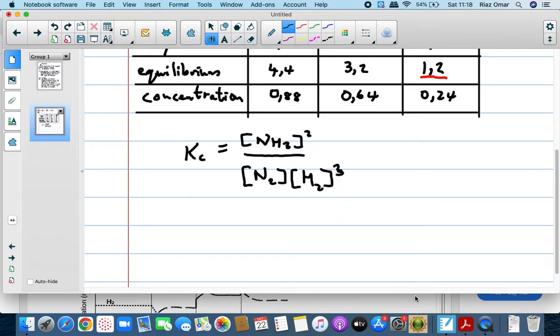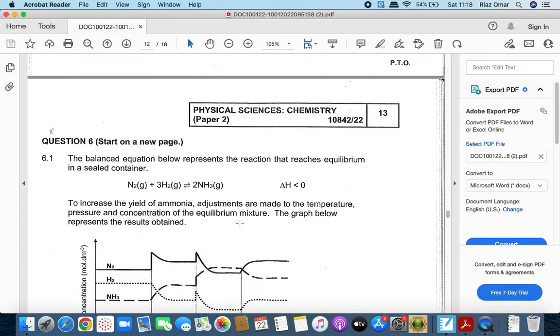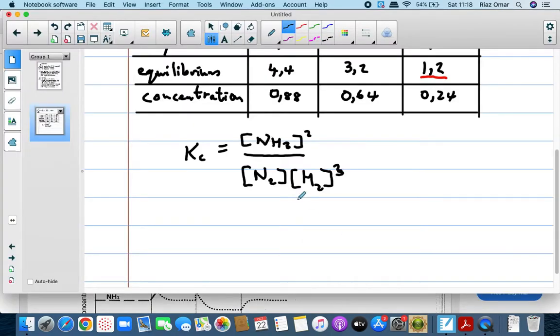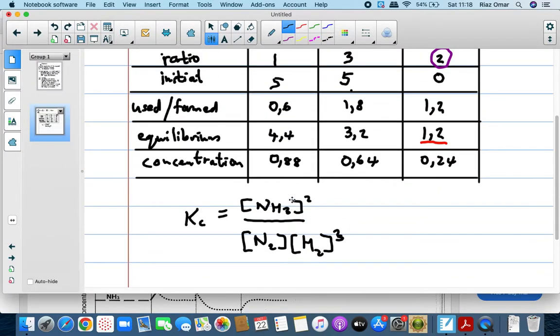Let's just double check that. N is 1 and H is 3. That's correct.